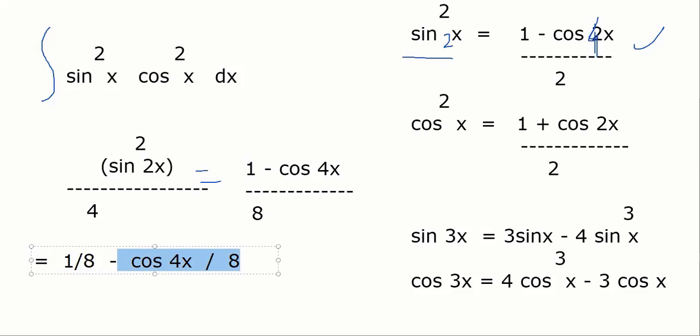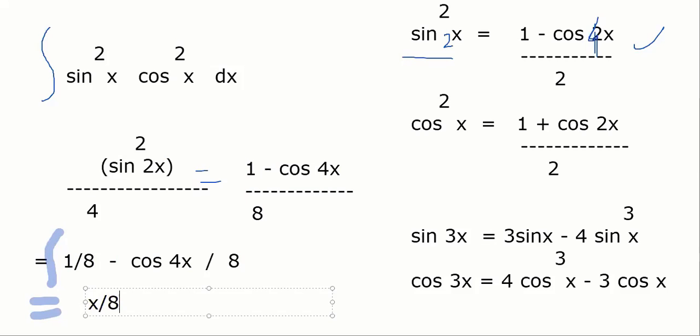Integration of cos 4x is sin 4x by 4. So what is integration of this finally? Integration of this finally is 1 by 8 is x by 8 minus cos 4x is sin 4x by 4 और 8 तो already है.